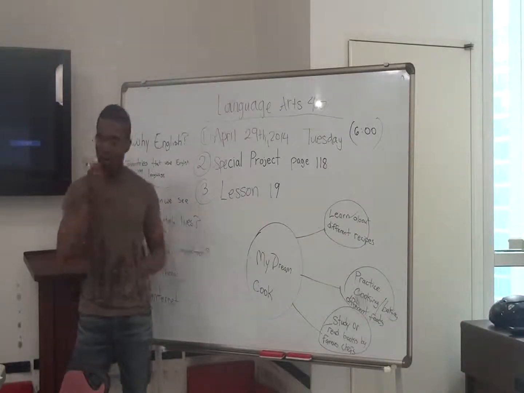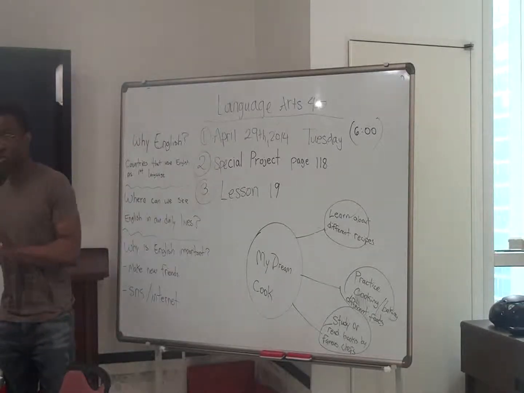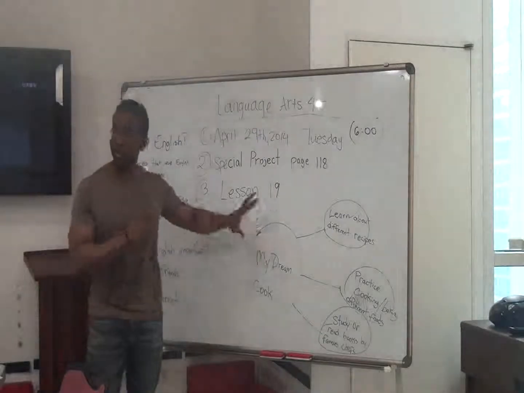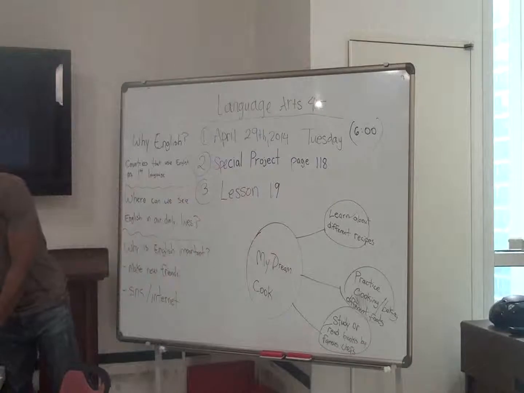So, that's what we'll do today. On a different piece of paper, a piece of notebook paper, you can write down this mind map. Just do your brainstorming, and then when you're ready to write your essay, you're going to put that in your book on page number 118.